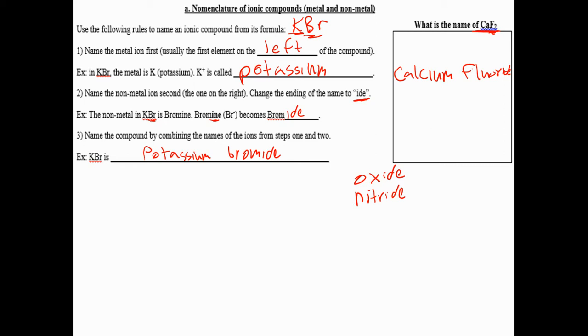Nitrogen does not become nitrogenide, it becomes nitride. Another one similar to that is sulfide. Sulfur becomes sulfide. Phosphorus becomes phosphide. And then hydrogen becomes hydride. So these are some of the more interesting ones that you should pay attention to. Don't forget that that's how you would change their endings.